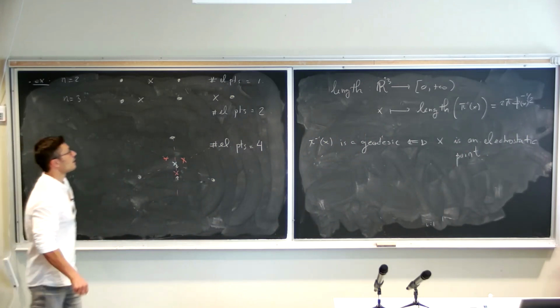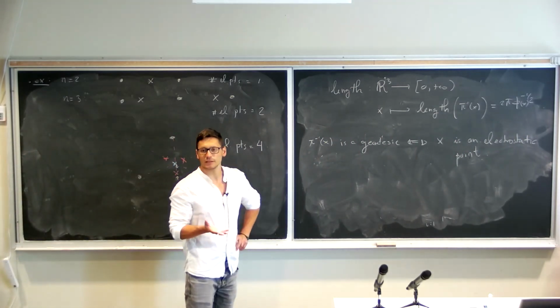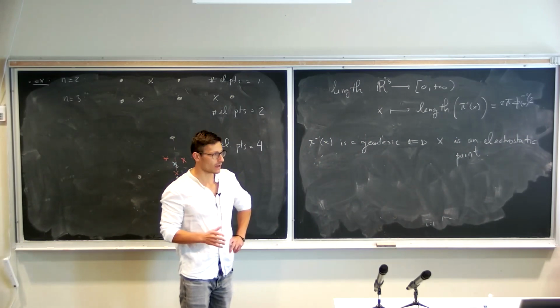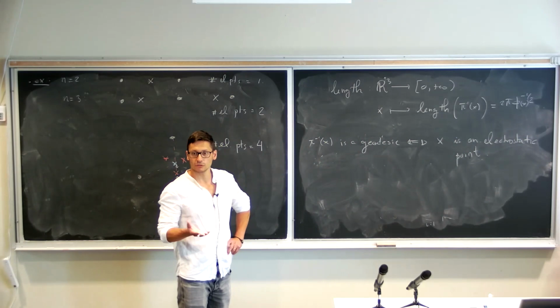Okay, and now you can ask several questions about these geodesics. The first obvious one that you can ask is, what is their index, as critical points of the length.